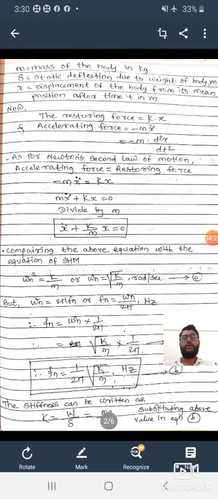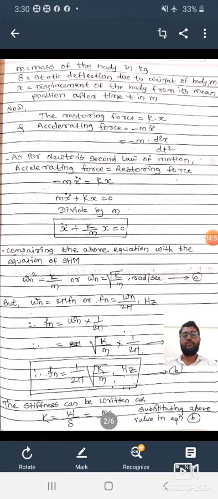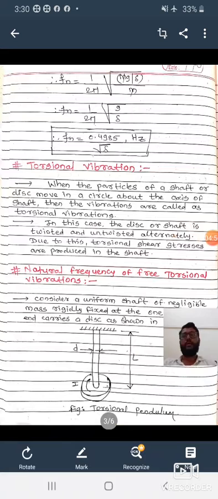Putting this value into the equation, we get the natural frequency equal to 1 upon 2 pi under root of k by m in hertz, and we call this equation B. Next, the stiffness can be written as k equals W by delta, where W equals mg and delta is the deflection. Substituting this into equation B, fn equals 1 upon 2 pi under root k by m, where k is mg by delta.